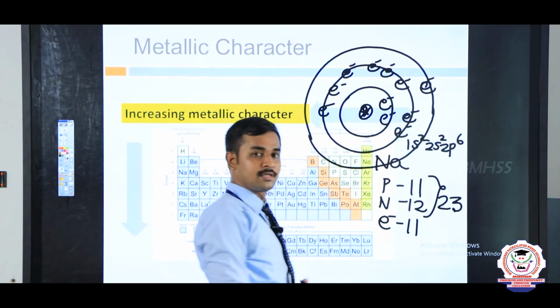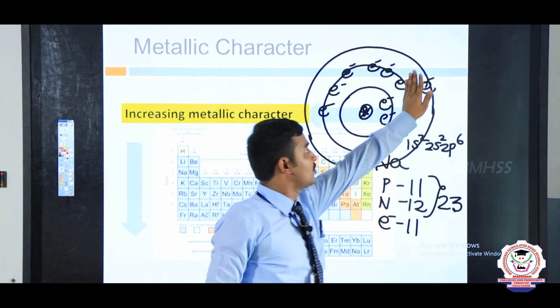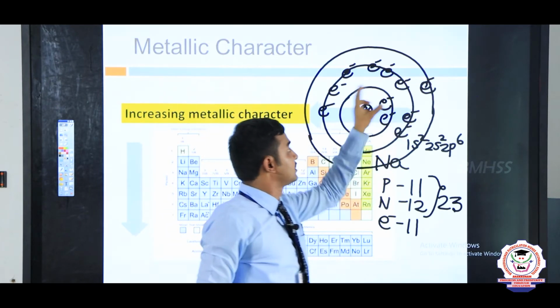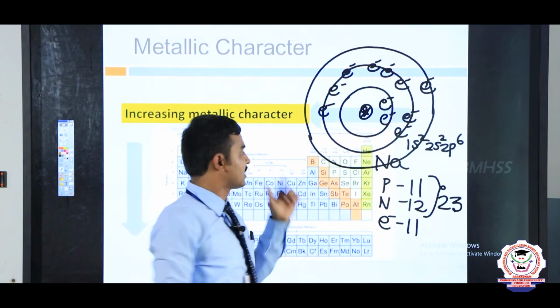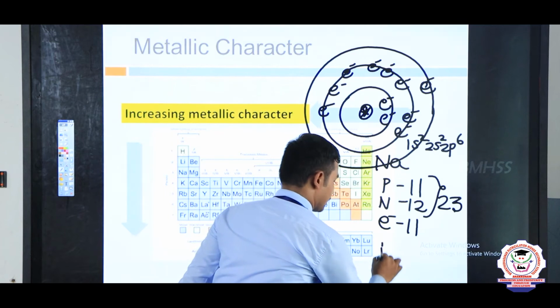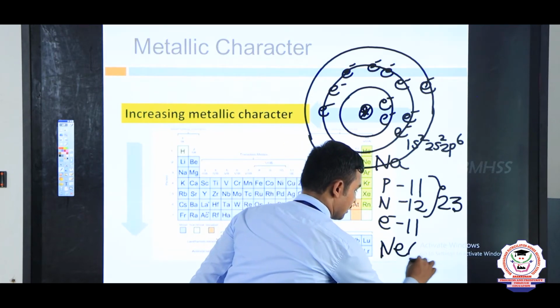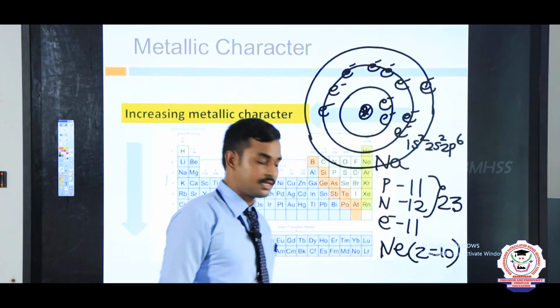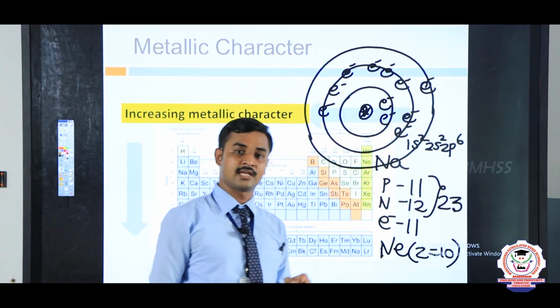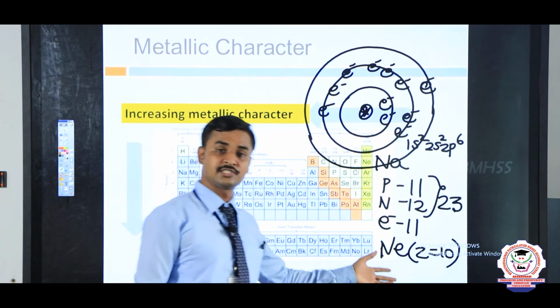Let us see, students, if we do not consider the last electron, its atomic number is 10 and it contains 10 electrons. The neon atom contains atomic number 10, so it contains 10 electrons. You already know that the neon atom is a noble gas or inert gas. It is very stable.